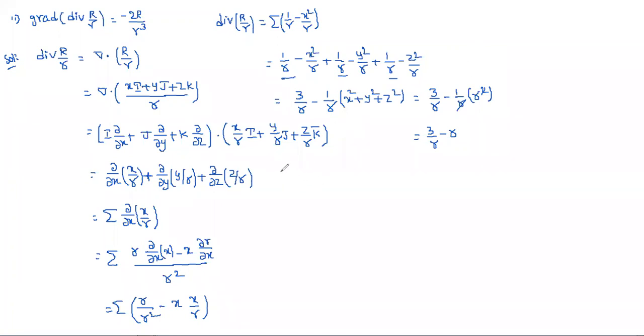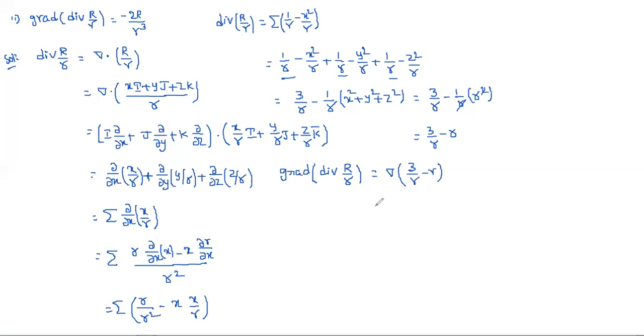But what they asked us to calculate is the grad of the divergence of r by r. So grad is nothing but del. So del into 3 by r minus r, this one we got.